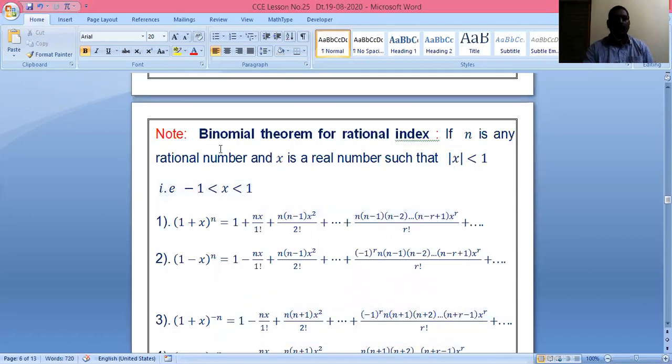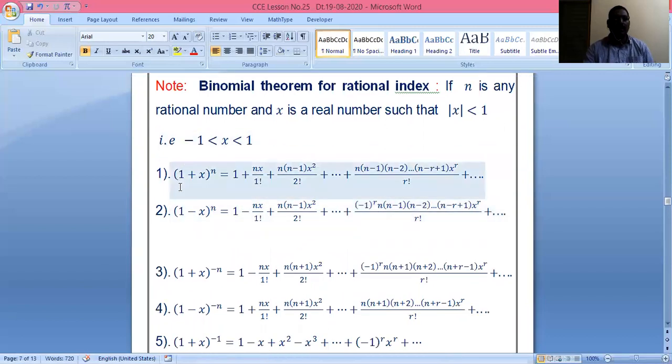Now, binomial theorem for rational index. If n is any rational number and x is a real number such that mod x is less than 1, that is minus 1 less than x less than 1. Number 1, (1 plus x) to the power of n is equal to 1 plus nx by 1 factorial plus n into (n minus 1) into x square by 2 factorial plus up to so on, n into (n minus 1) into (n minus 2) up to (n minus r plus 1) by r factorial into x to the power of r plus up to so on.